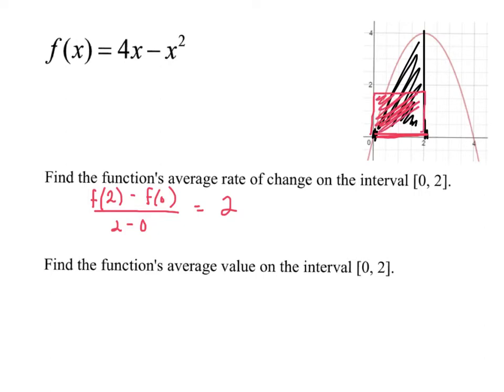I'm guessing that's not correct. I think it'll have to be a little bit higher than that to get what we want. But that's what the average value does from a geometry standpoint. It says, I want to find the height of the rectangle that has the same area as the function. So we need to find the area of the function.